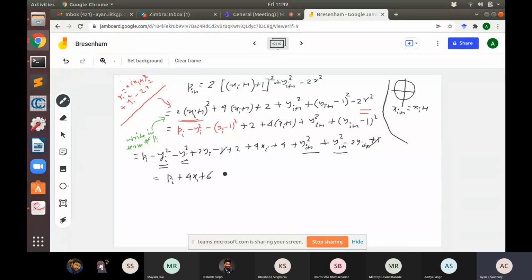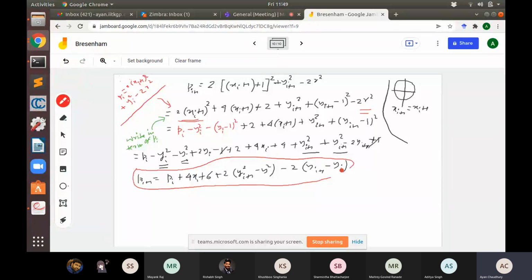so 2 plus 4 is 6, plus 2 of yi plus 1 square, here 2y square, so minus y square, minus 2 of yi plus 1 minus yi. That's it. So this is the expression for pi plus 1. Let's call it equation 2. Okay.